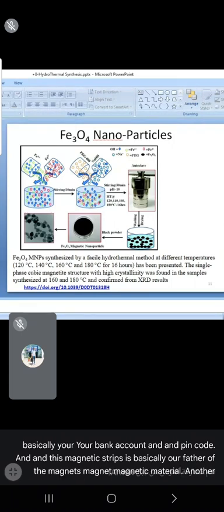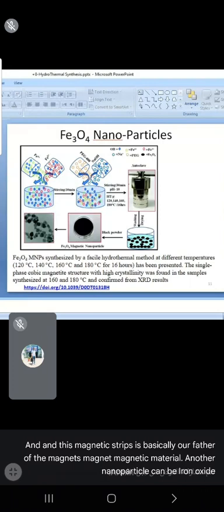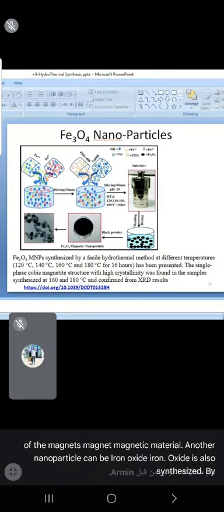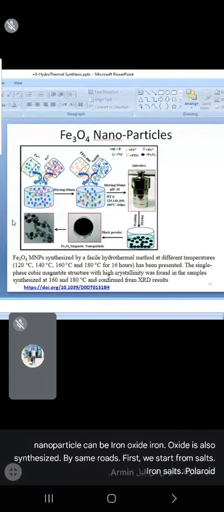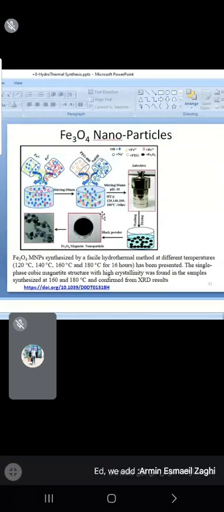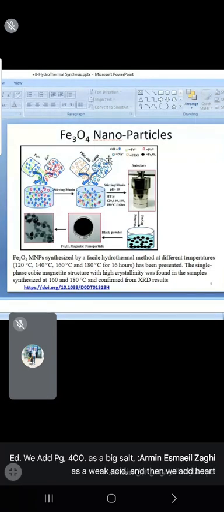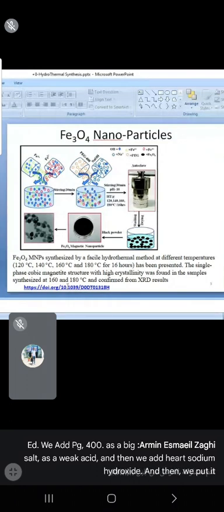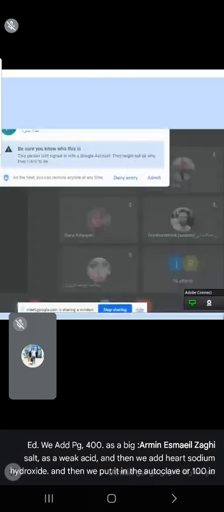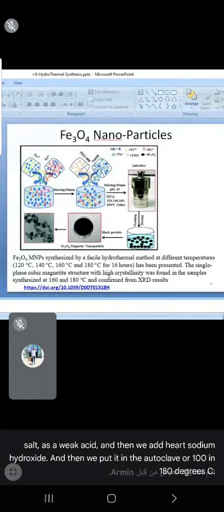Another nanoparticle can be iron oxide. Iron oxide is also synthesized by the same route. First we start from iron salts, chloride here, and then we add PEG 400 as a weak acid, and then we add sodium hydroxide, and then we put it in the autoclave at 180 degrees C for how many hours?